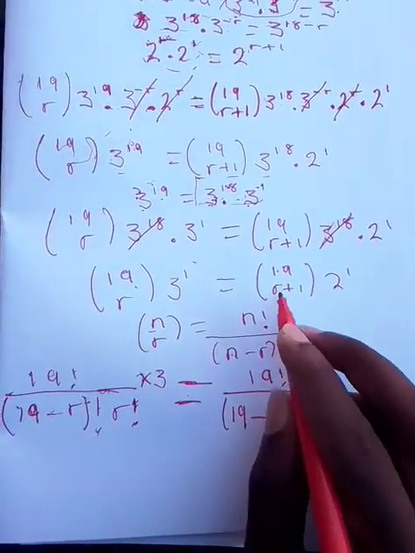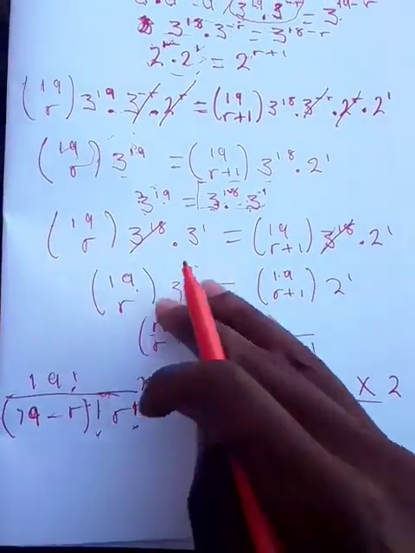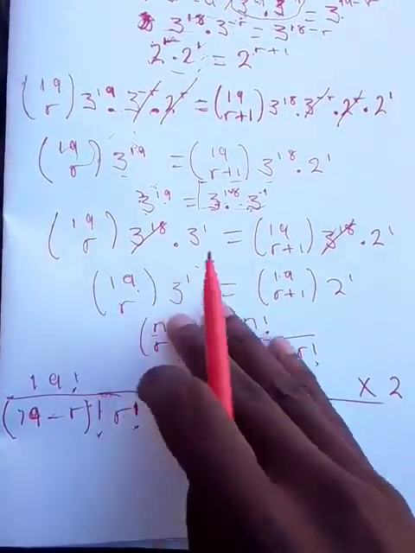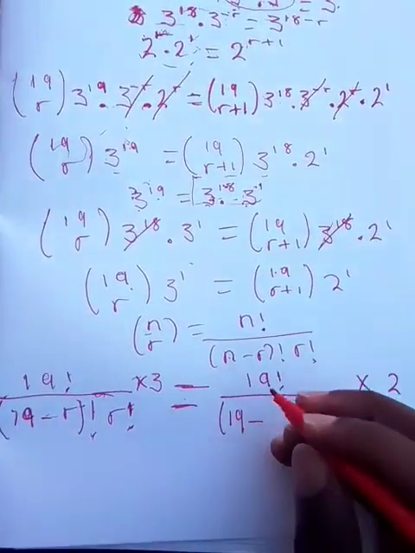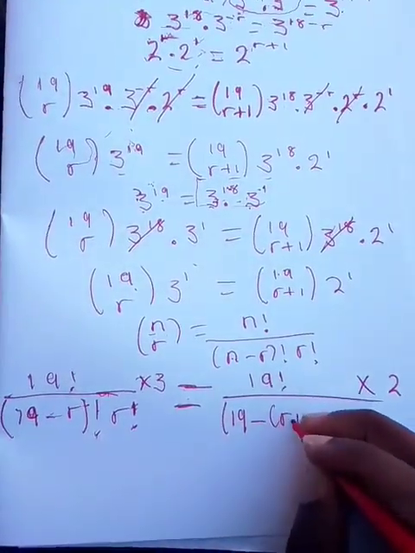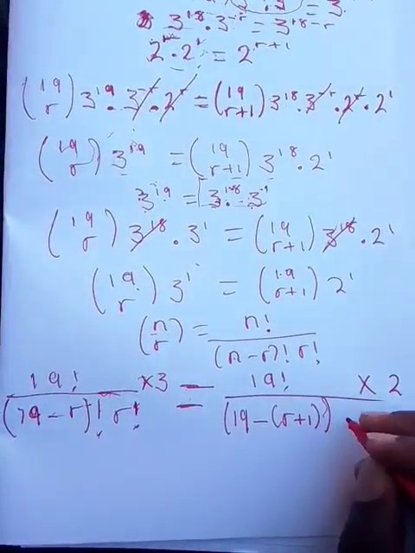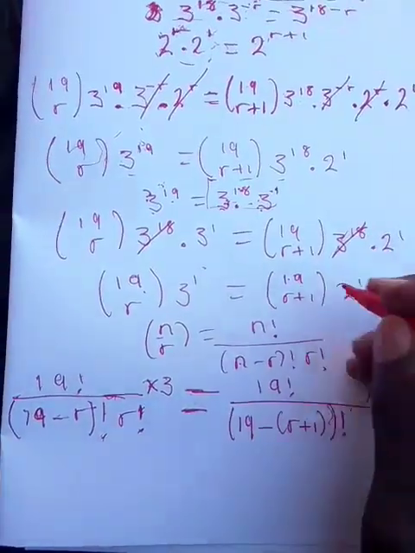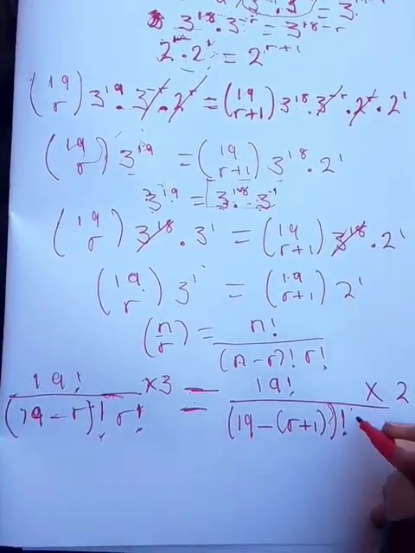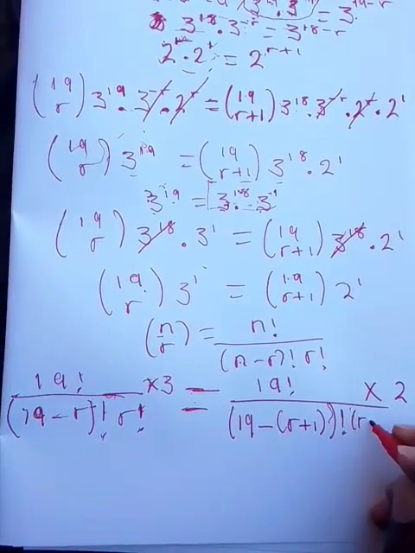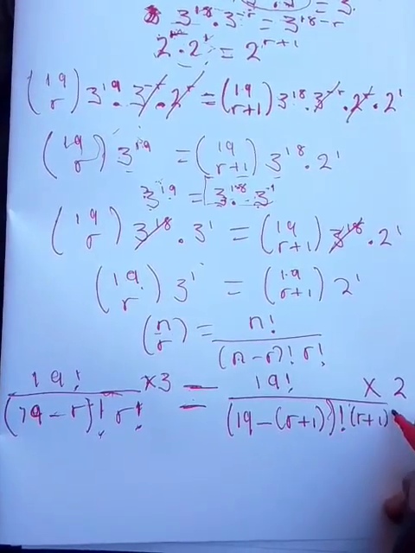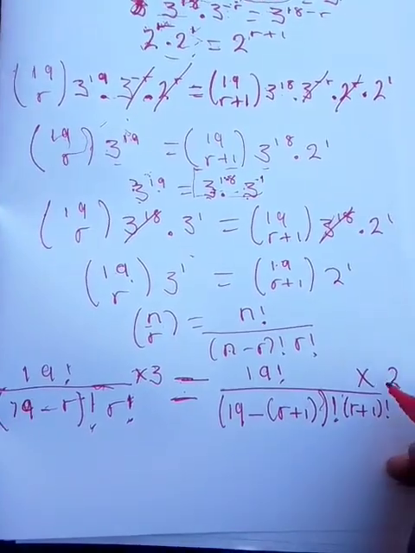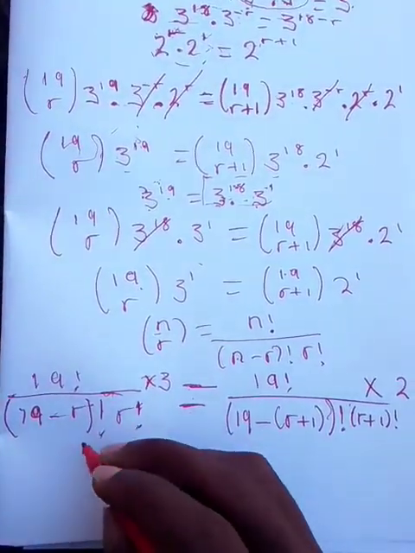Here our r is not just r, like for the one on the left hand side. No, it is r plus 1. So I'm going to say r plus 1, then again this time our r is not just r, but instead it is r plus 1. Okay, and here we are now.